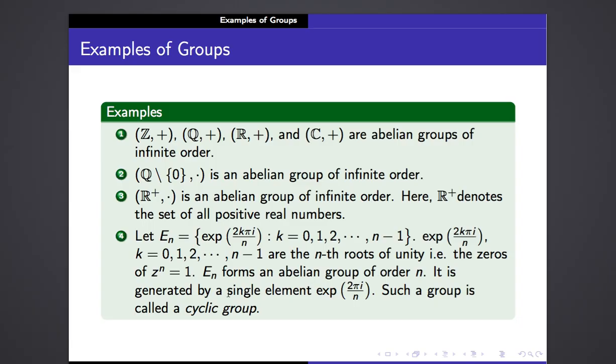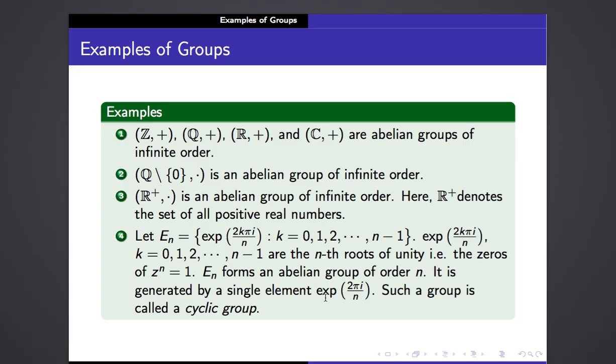It is generated by a single element, e to the 2 pi i over n, and such a group is called a cyclic group. What we mean by generated by a single element is that, starting from this element, by successively applying the operation, you can produce all the elements.